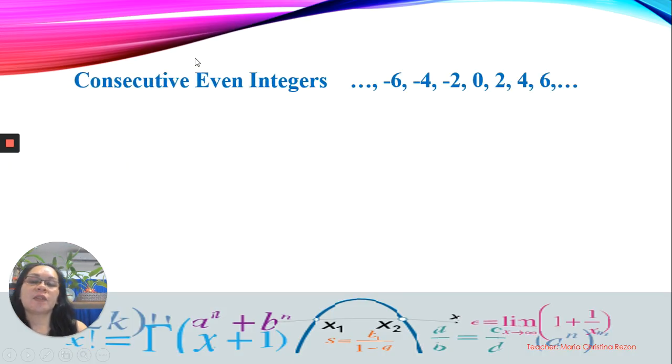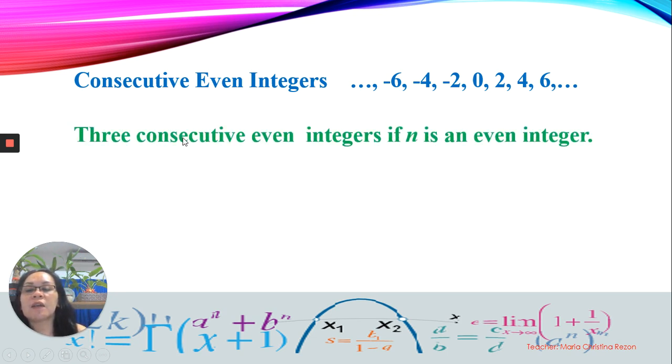consecutive even numbers? Even numbers are numbers that are divisible by 2. So you have -6, and from negative infinity, -6, -4, -2, 0, 2, 4, 6 to infinity. So you can write that 3 consecutive even integers if n is an even integer.